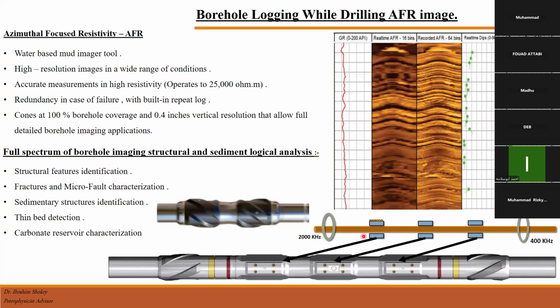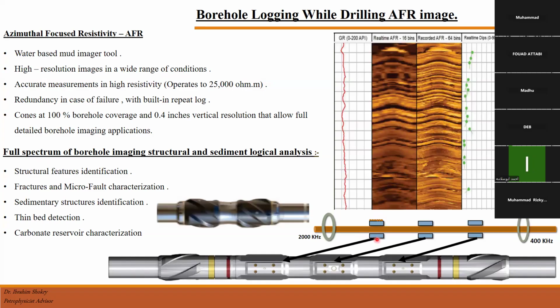To make it brief, from the near sensor we can get very high vertical resolution for your borehole imaging, while the far sensor can detect the formation resistivity, such as the true resistivity of your formation.